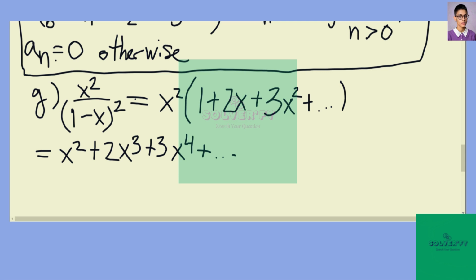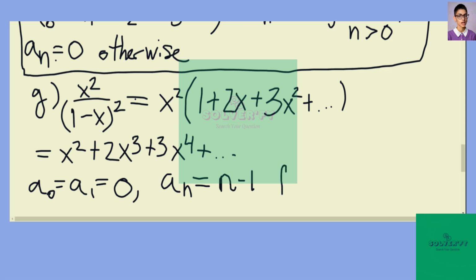And so we have that the sequence corresponding to this generating function is one with a sub 0 equals a sub 1 equals 0, and we have that a sub n is equal to n minus 1 for n equal to 2, 3, 4, and so on.